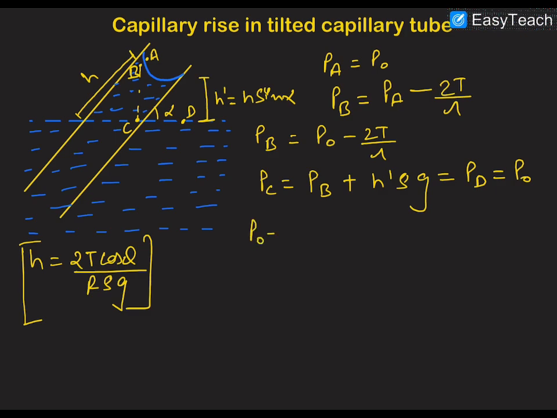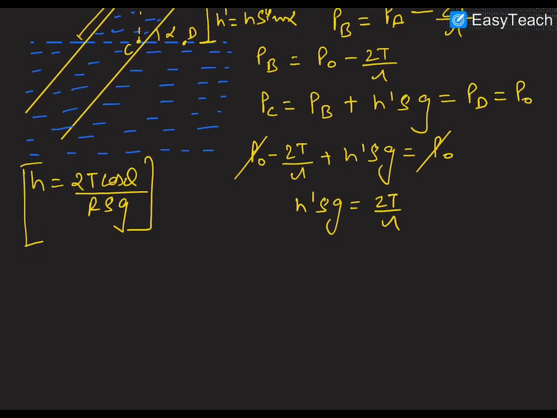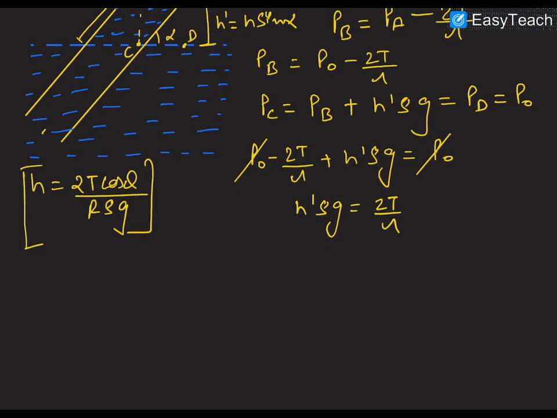So P naught minus 2T by r plus h dash rho g is equal to P naught, and cancelling P naught with P naught, h dash rho g is equal to 2T by r, where again I'll remind you that r is the radius of the meniscus, not the tube. The radius of the tube is capital R. Now, this relation we have already derived, that r is equal to R upon cos theta.